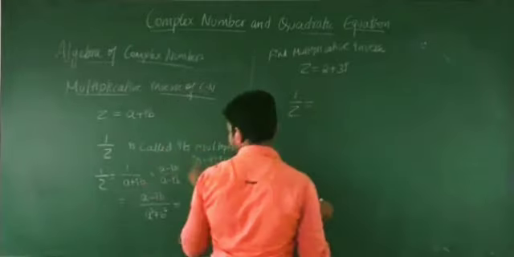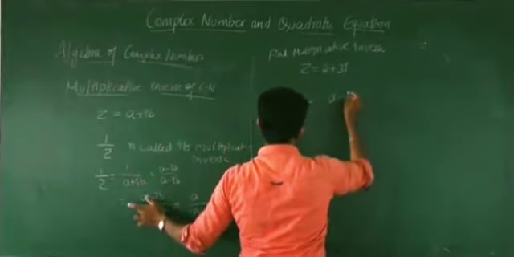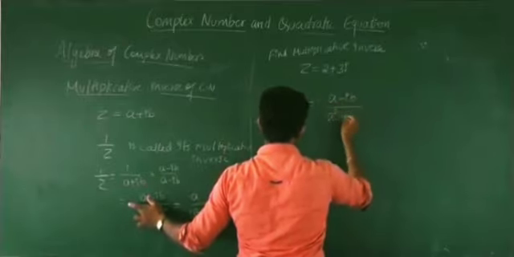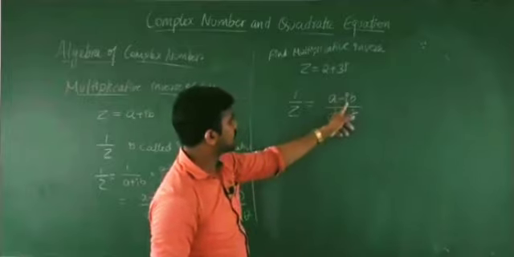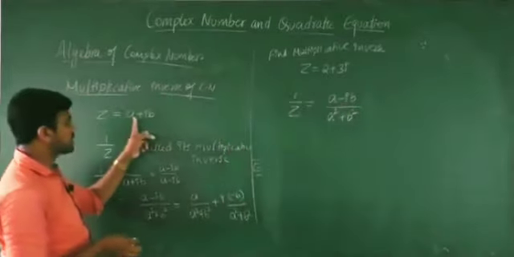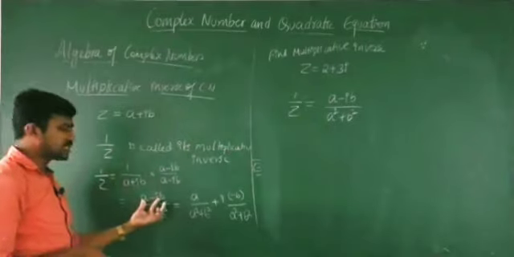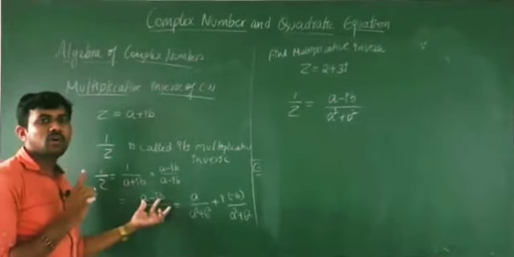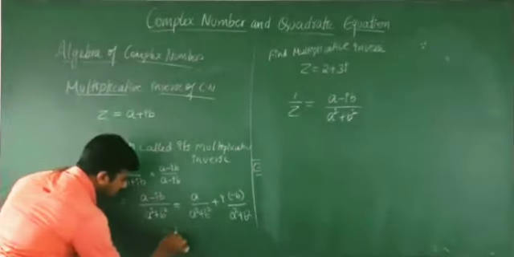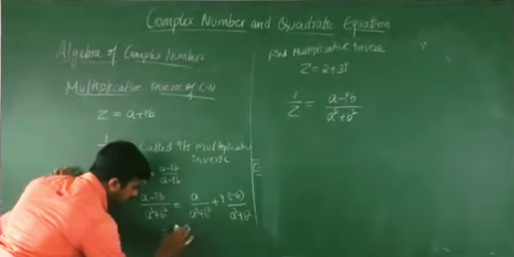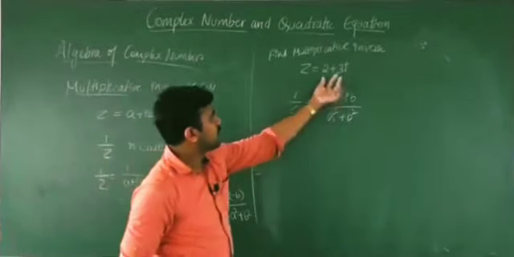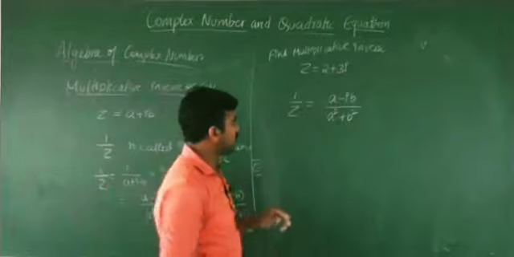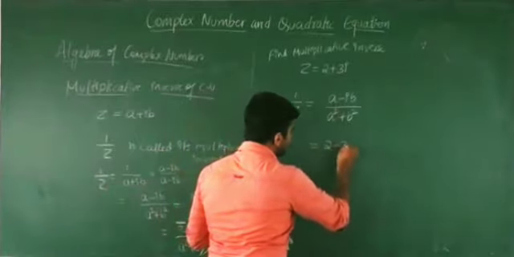1 by z is nothing but, by using the formula, a minus ib divided by a square plus b square. This is a simple formula. Now a minus ib is nothing but what? The given complex number is a plus ib, so a minus ib is the conjugate. Conjugate of the complex number divided by a square plus b square. So what is the conjugate of this complex number? That is 2 minus 3i.